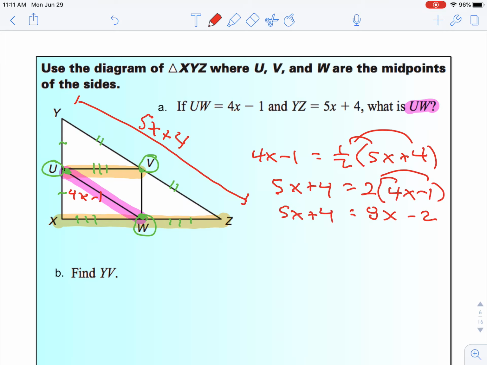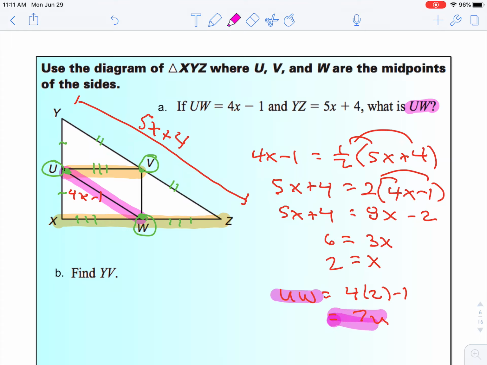Now we can put all the x's on one side and all the numbers on the other, and that gives us x equals 2. So now when I want to find UW right here, I can simply substitute the 2. So I have 4 times 2 minus 1, and that would give me that UW is 7 units. So I found UW is equal to 7 units.